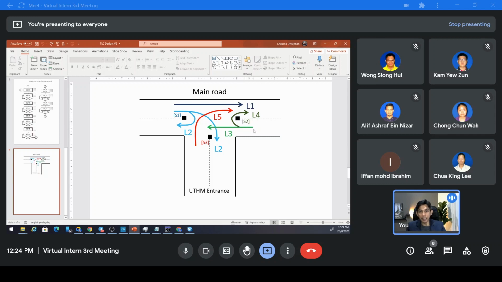So there will be a debate about which one is better. Of course, the manufacturer that uses the loop detector says that the camera is not good because when it is raining, or at night, the view is not good. So that is the drawback of the camera.